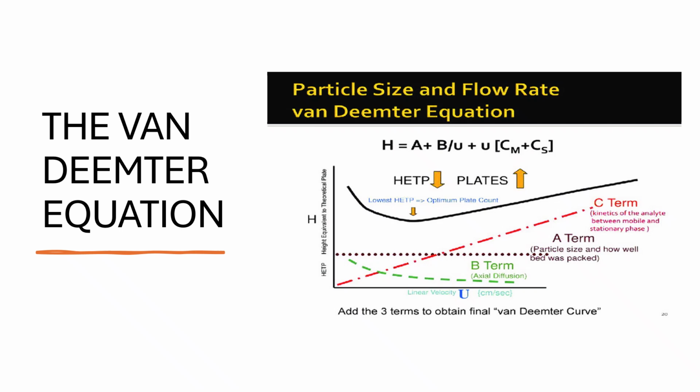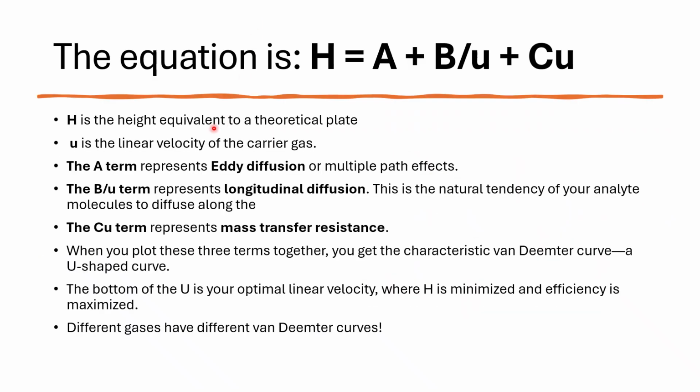So let's break down each term. So as I told you all, H is the height equivalent to the theoretical plate and u is the linear velocity of carrier gas. Now the A term represents the eddy diffusion or multiple path effect.